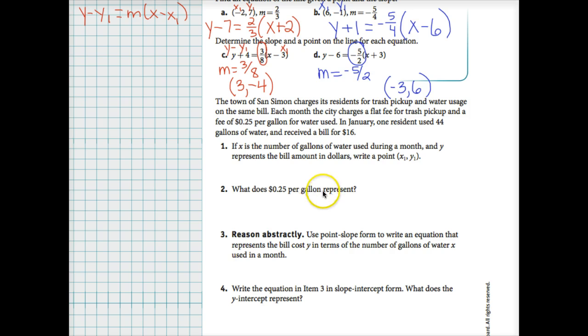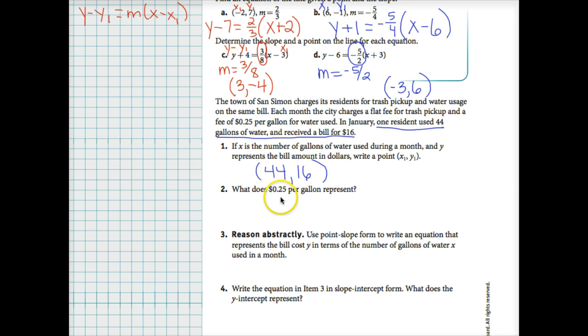So that means they gave us the values that correspond here, and that would be in the last sentence. One resident used 44 gallons of water and received a bill for $16. So X is the number of gallons, so my X1 would be 44. My Y1 would be the amount of money, which would be 16. So 44, 16 would be my X1, Y1.